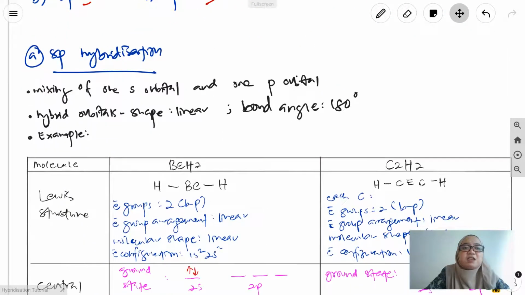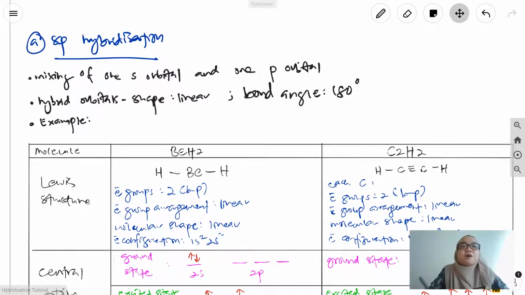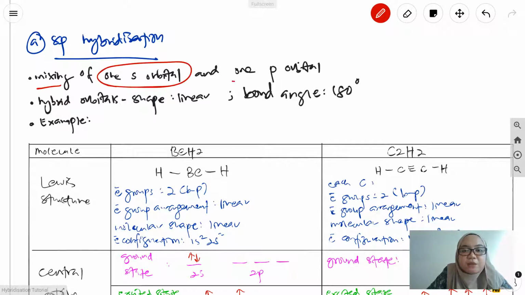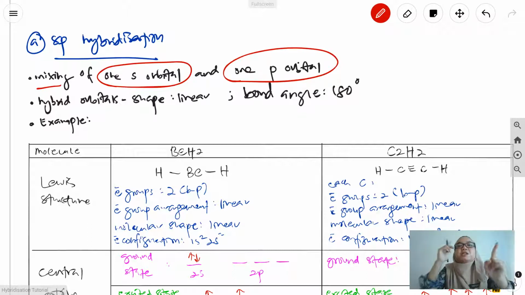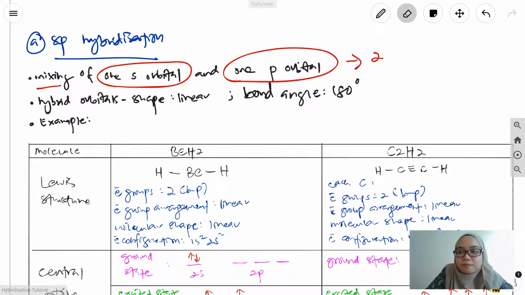So now first let's look at how the sp hybridization forms. Sp hybridization is the mixing of one s orbital and one p orbital. So one s orbital plus one p orbital will form 2 sp orbitals.